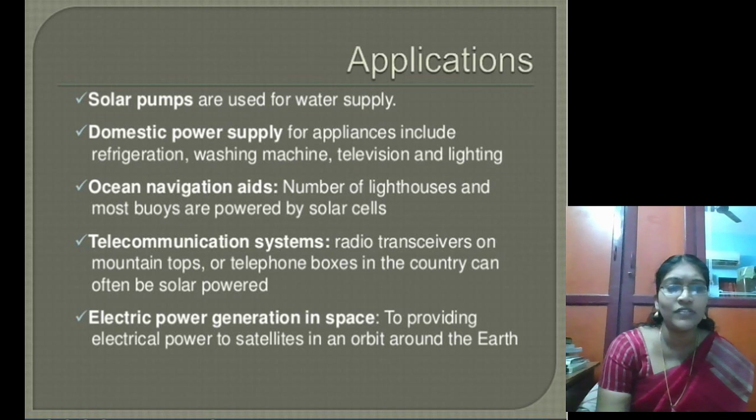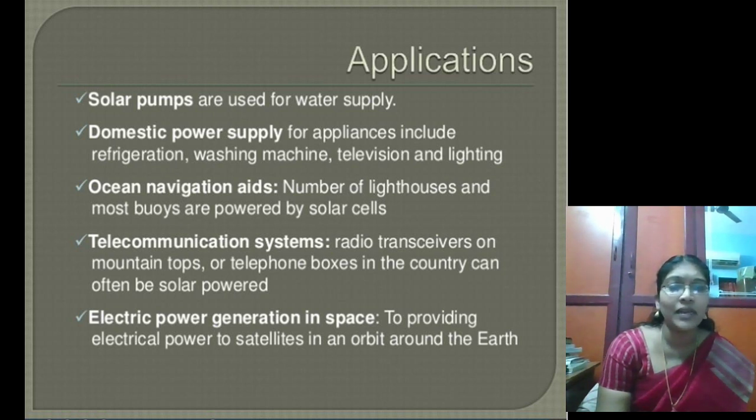Solar energy is also used as an ocean navigation aid. A number of lighthouses are powered by solar cells. Telecommunication systems like radio transmitters and receivers in the mountains are powered by solar cells.